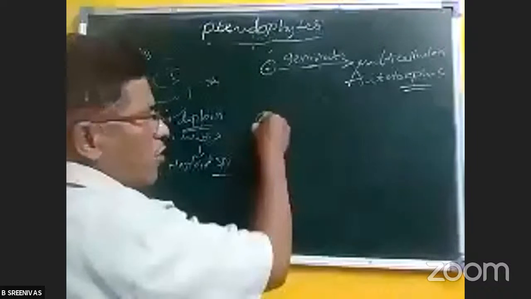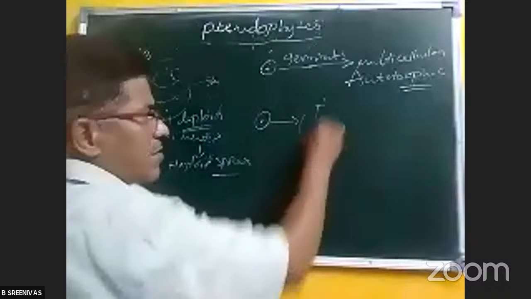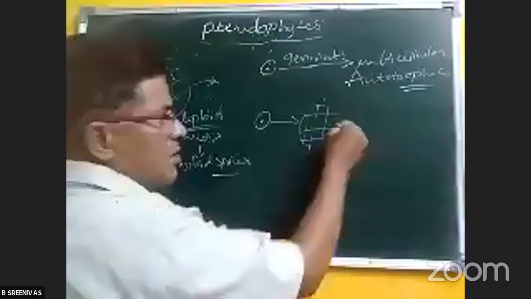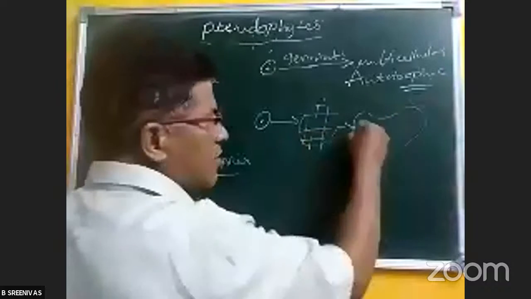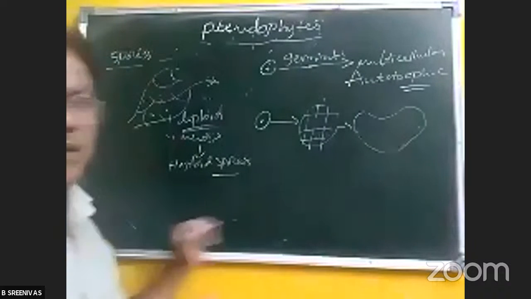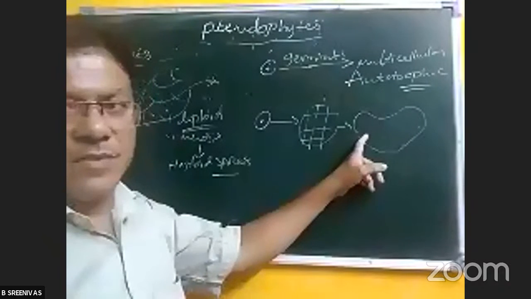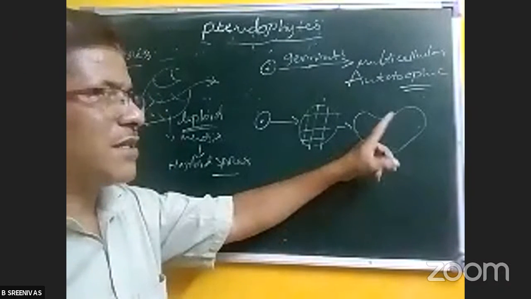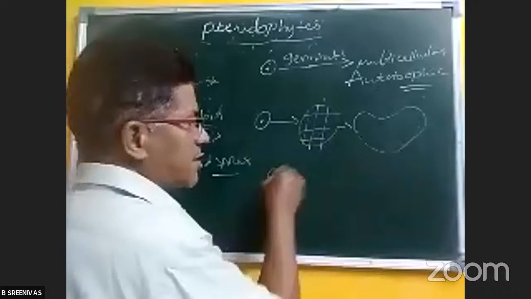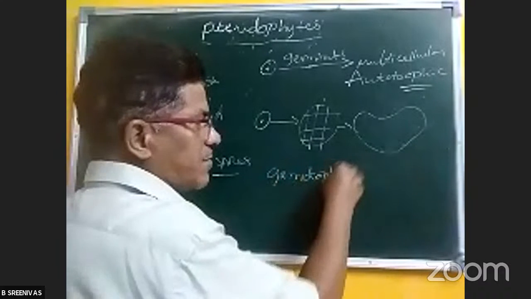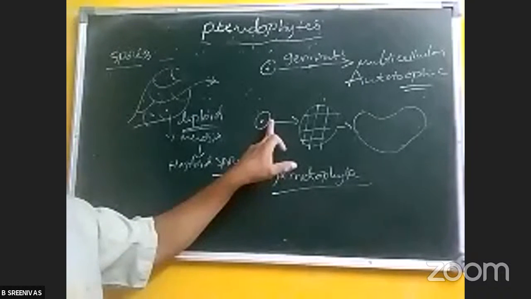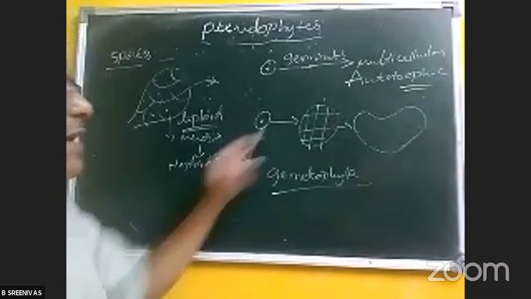By mitotic division, the spore divides many times mitotically and produces a multicellular structure. This multicellular structure is heart shaped, an independent, free living, autotrophic structure called the gametophyte. From where is the gametophyte developed? From the spore only, by mitotic division.